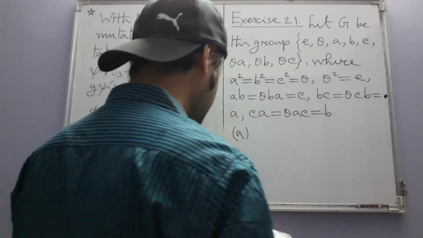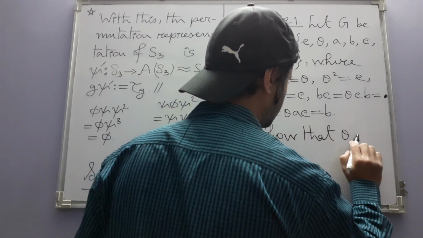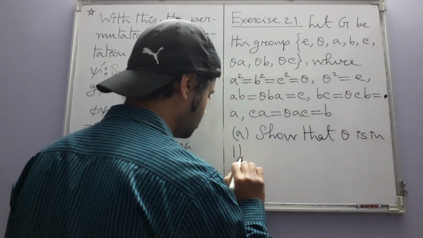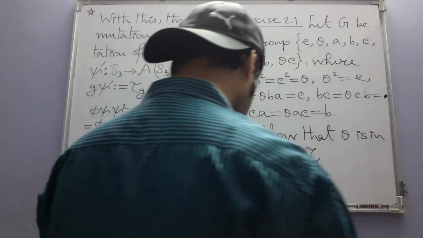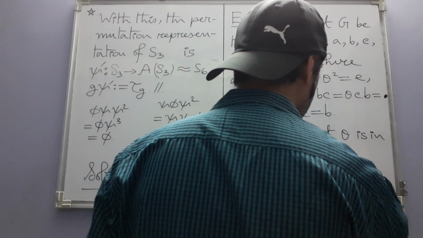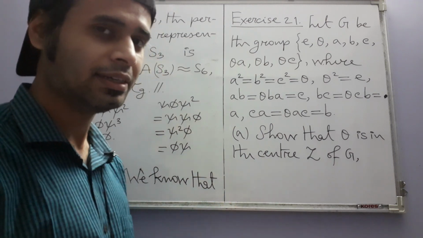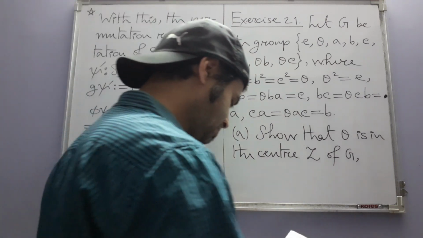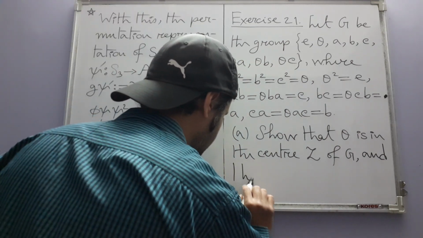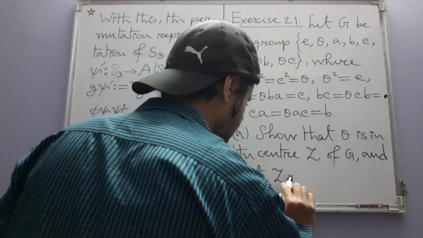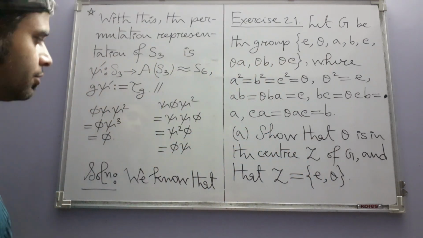So the first one is this: show that theta is in the center set of G. If you are following American English, then of course this is spelled C-E-N-T-E-R, and in fact this center consists of the elements E and theta. That's what we have to show.